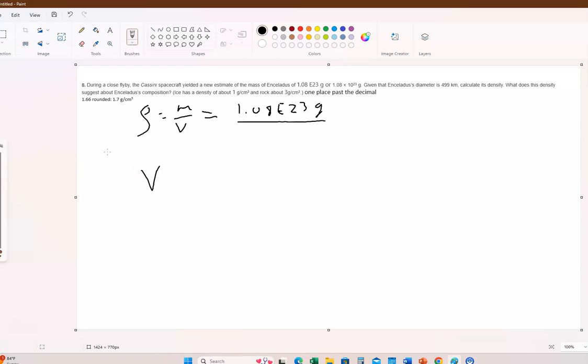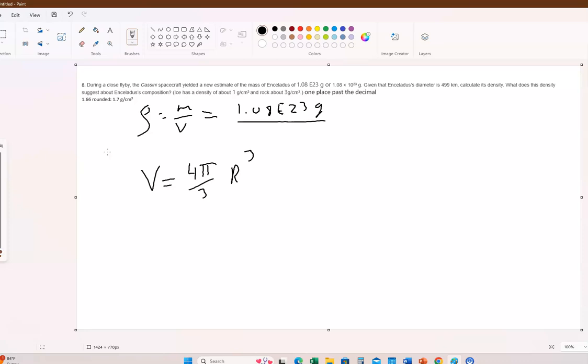And the volume of anything that's spherical, and Enceladus is large enough to be spherical, is 4 times pi divided by 3 times the radius raised to the third power. All right, and for us to do this properly, R has to be in centimeters.